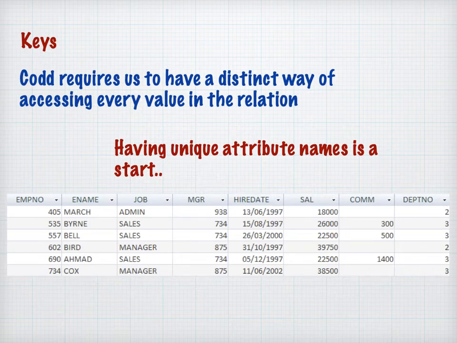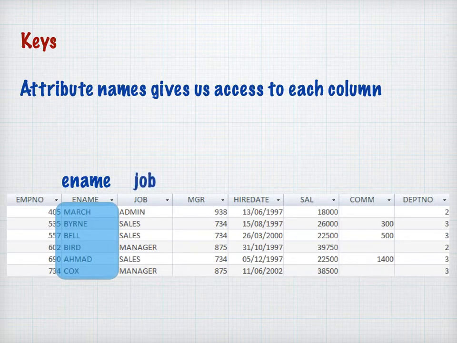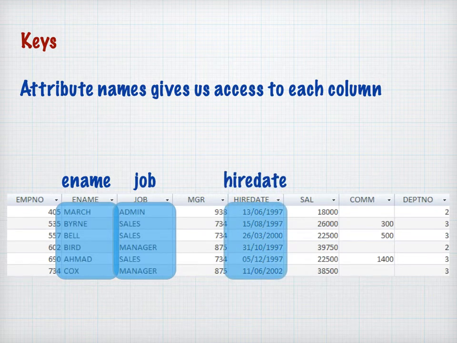So we've got emp number, ename, job, manager, etc. all across the top. And those attribute names give us access to each column. If we wanted to pull out ename, we can just pull that. If we want to pull out the third column, that's job. If we wanted to pull out the fifth column, that would be hire date, things like that.